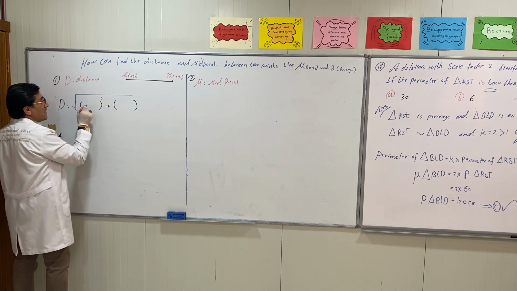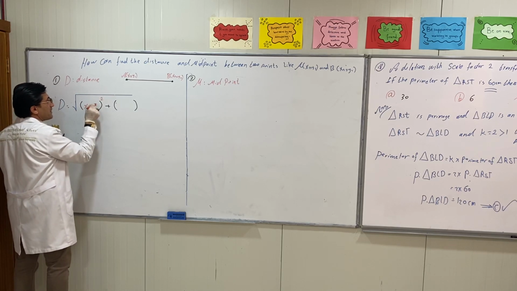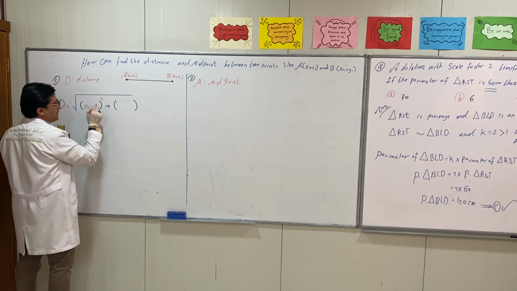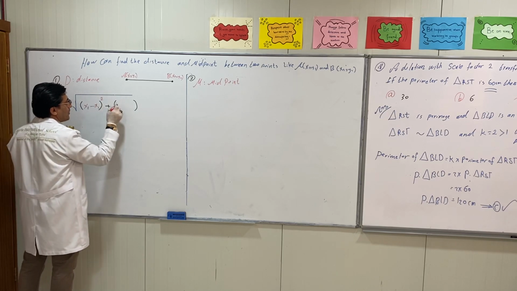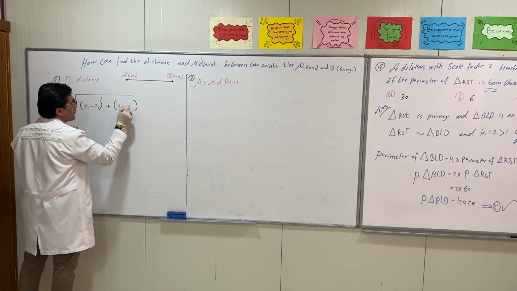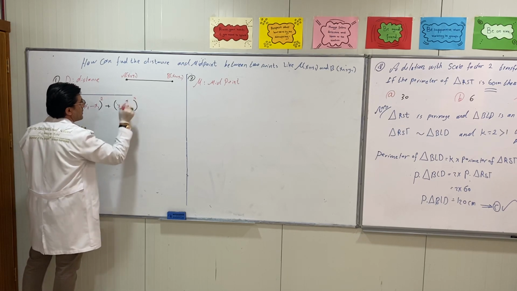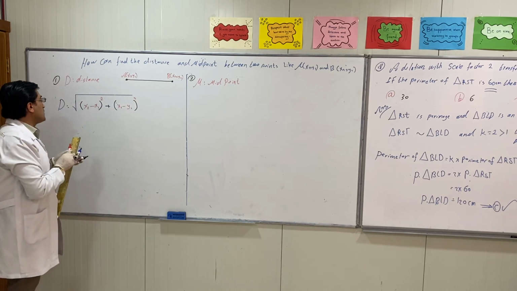Inside the bracket, write x2 minus x1, all to the power 2, plus y2 minus y1, all to the power 2. This is how to find the distance between two points.